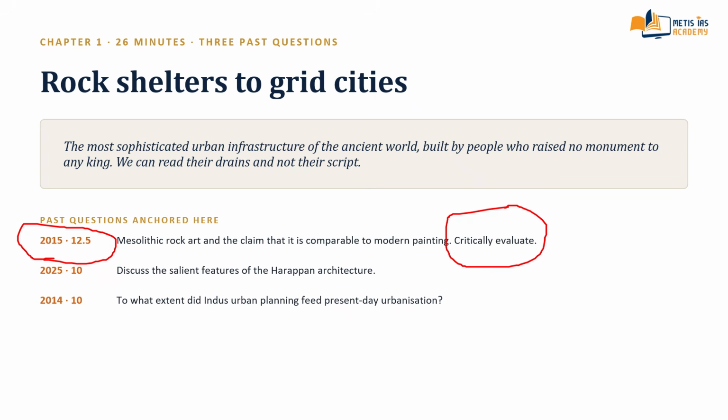So you have to start by noticing the examiner's own wording, because it tells you what to write. The question says rock cut architecture.